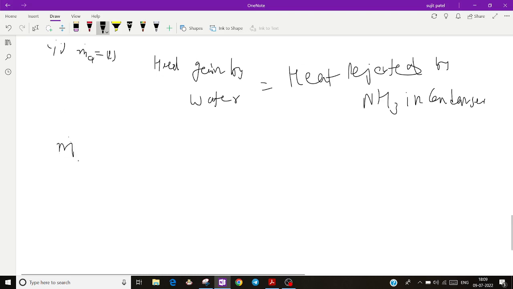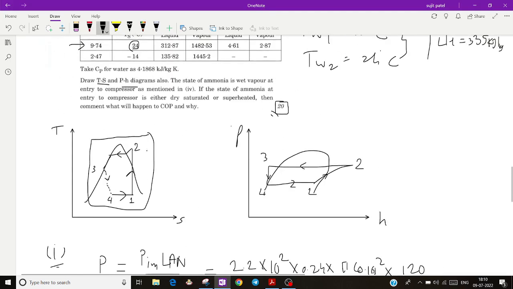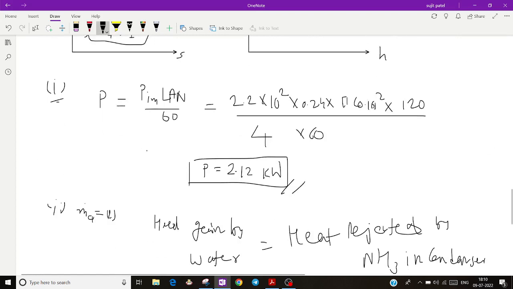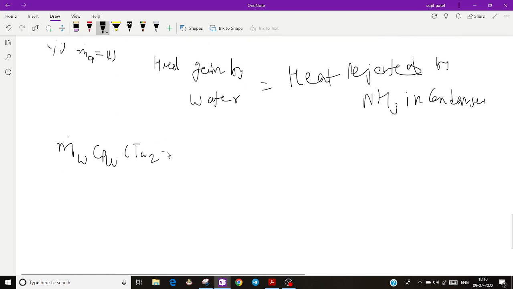That is m dot water, Cp of water into Tw2 minus Tw1, which is equal to the heat rejected by ammonia. How much heat is rejected by ammonia? Ma into H2 minus H3. Let's call it equation number 1.